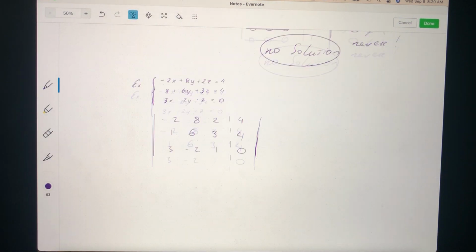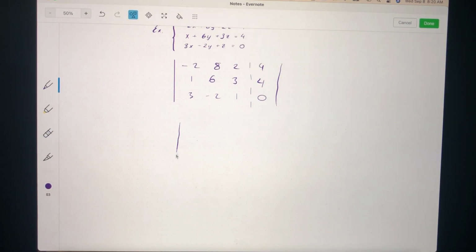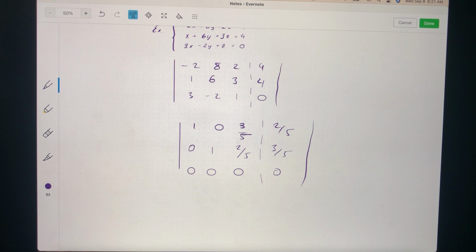So the calculator says we have 1, 0, 3/5, 3/5. Then there is answer column, 2/5. Then we have 0, 1, 2/5, 3/5 for the answer. 0 for the x, 0 for the y, 0, 0. So what does it really mean?